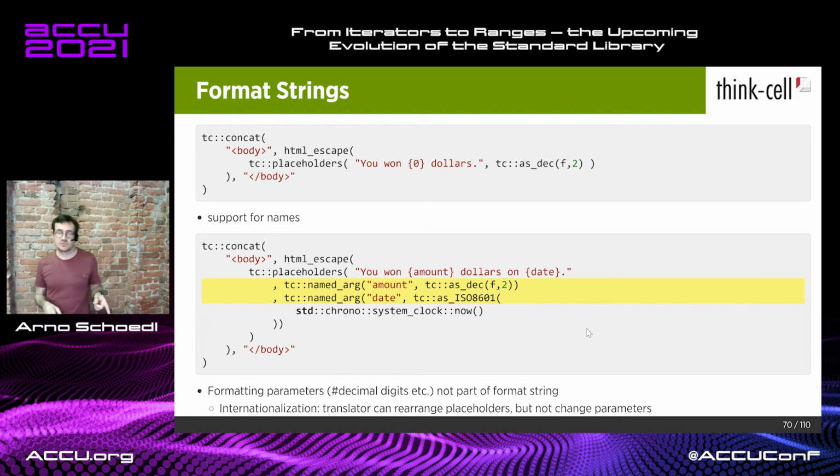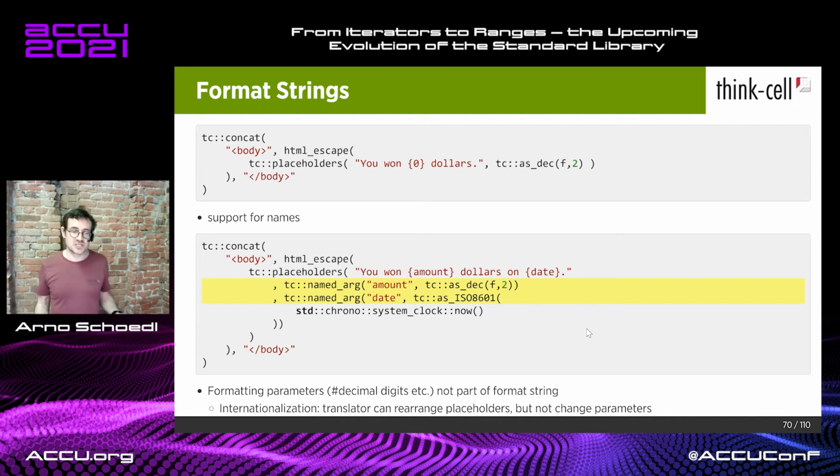One difference you probably saw here between std format and this library is that the formatting parameters, like for example 2 decimal digits, are not part of the format string. I would call this a feature rather than a bug, even if people like Python don't do it, and that's probably why std format didn't do it this way.